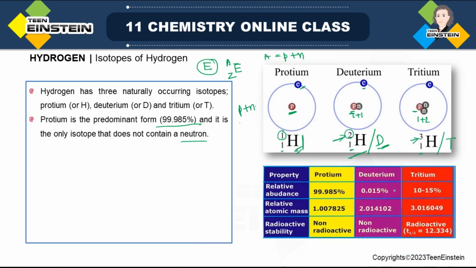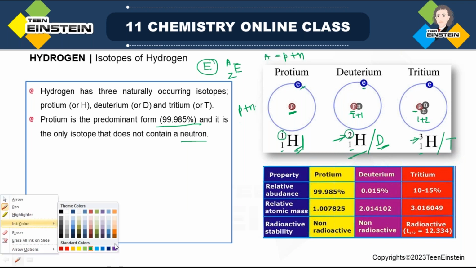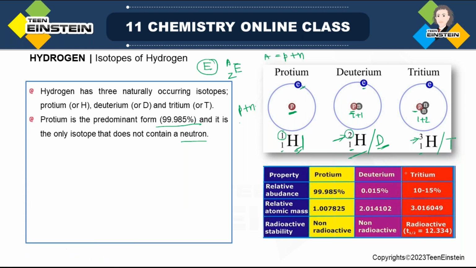Now if we compare protium, deuterium and tritium, the relative percentage is as follows. Sometimes this value is written as 10 to the power minus 15. Basically, it is best to write it as trace, because in different books it is mentioned as minus 16, minus 15, or minus 18.